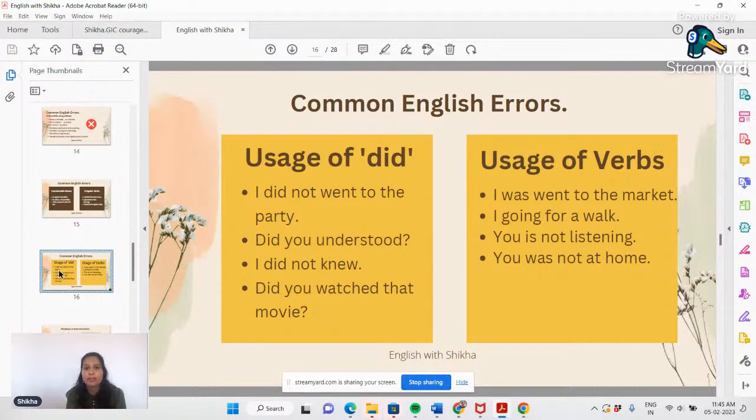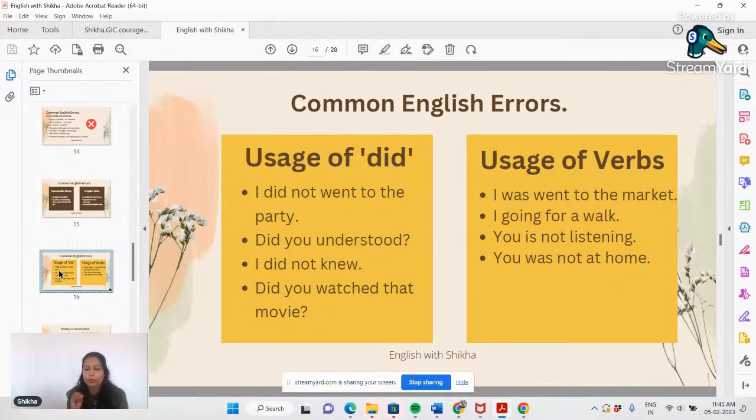"You is not listening." With "you", many times I have seen people use "is". It is wrong. "You are not listening." So, how do we make this mistake? We feel that we are talking to a single person, and that's why we have to use the singular form of the verb.